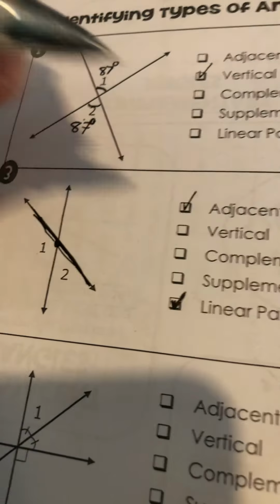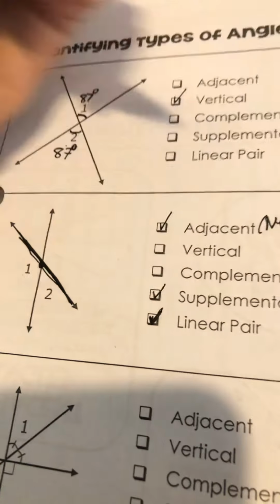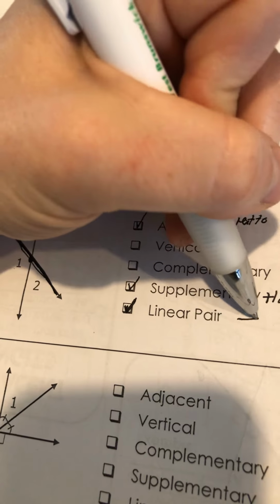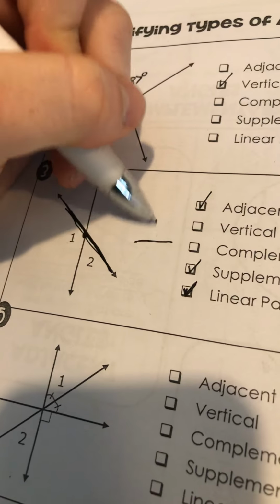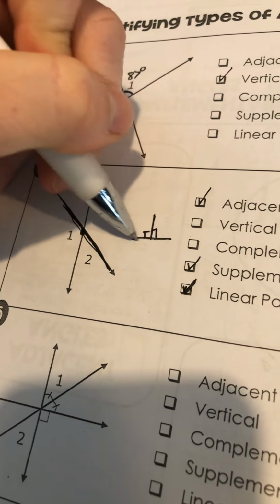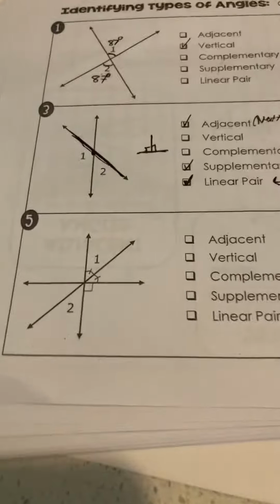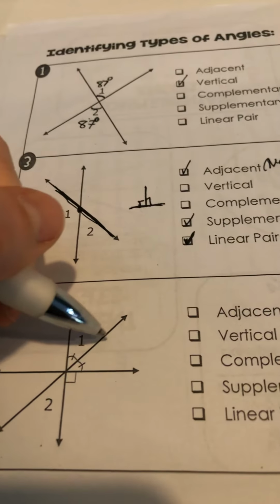And it also means they're supplementary. Supplementary adds to 180 degrees. Okay, linear pair makes a line. Okay, if you want to think about it this way, 2 90-degree angles make a straight line, so it has to be 180.